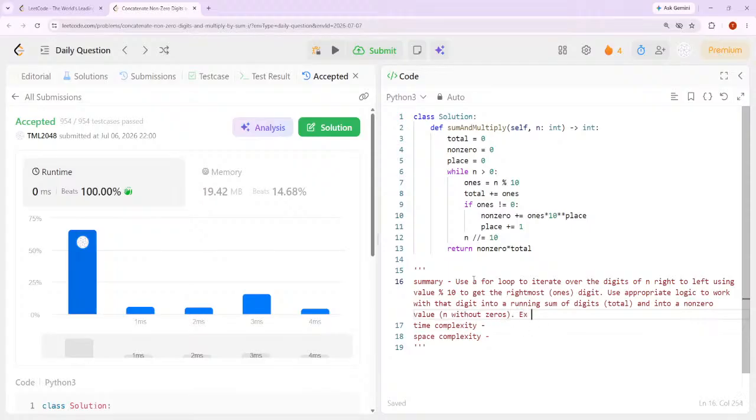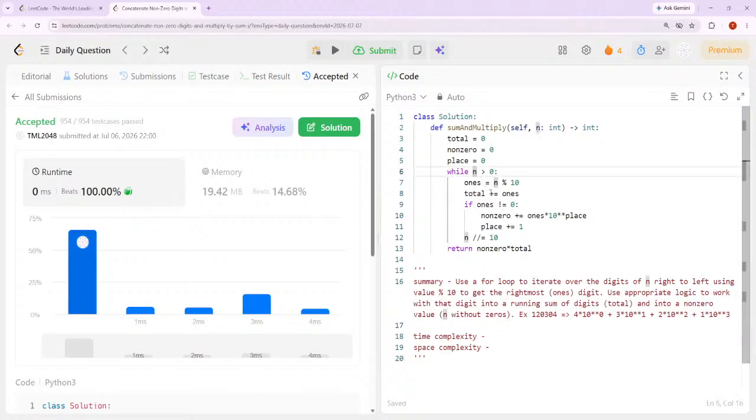So for example, if I have 1, 2, let's say 0, 3, 0, 4, this can be 4 times 10 to the 0, plus 3 times 10 to the first, plus 2 times 10 to the second, plus 1 times 10 to the third.